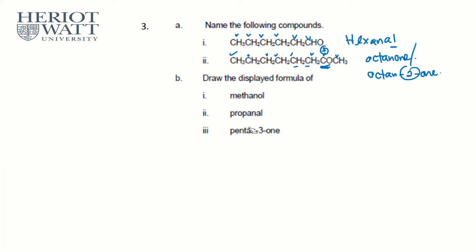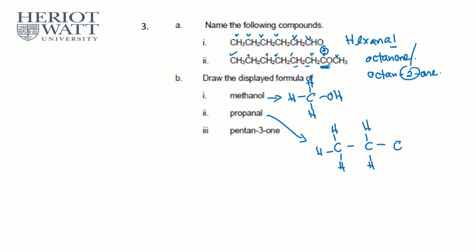A displayed formula is supposed to be the one that opens up the structure. So CH3OH, that's for the first one. For propanal, it's CH3, 3 carbons, and it's an aldehyde, so 2 carbons, and the last carbon has to be C double bond O with H. So this is propanal, open structure.